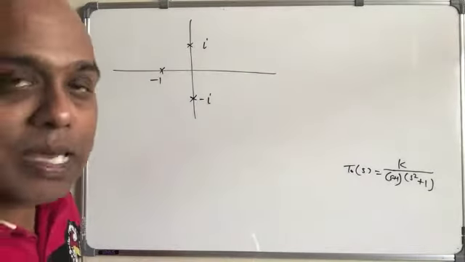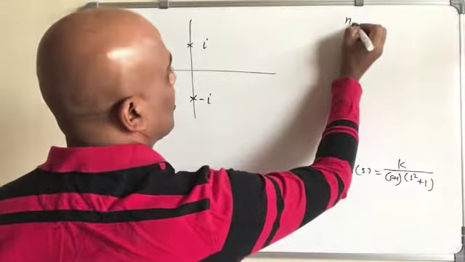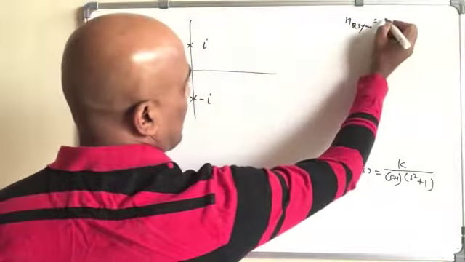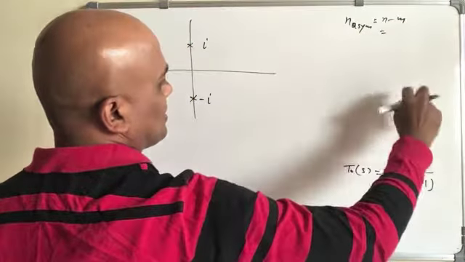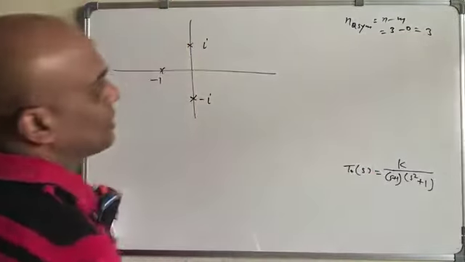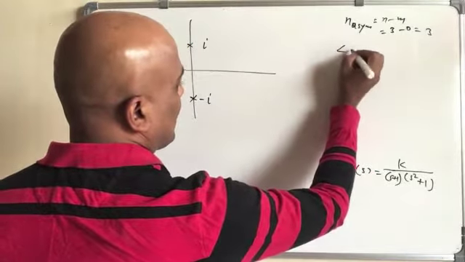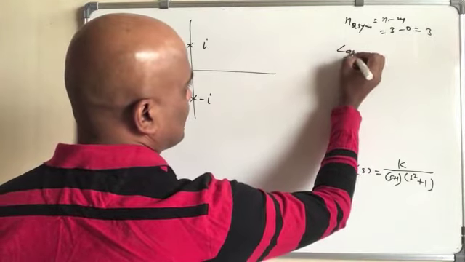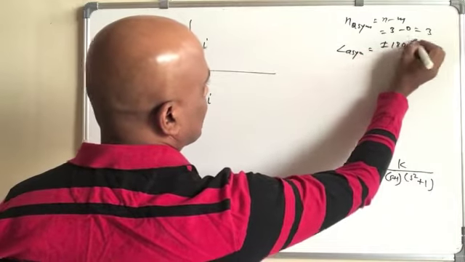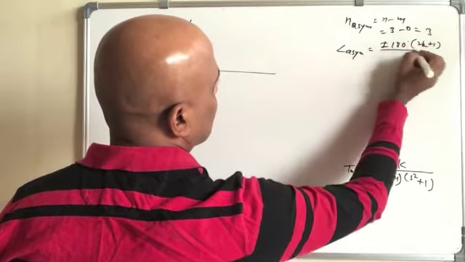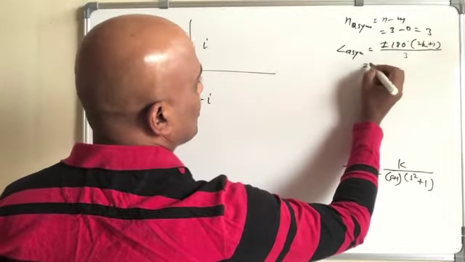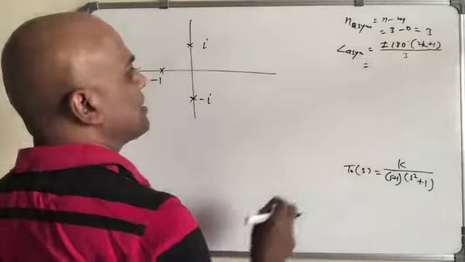Now, number of asymptotes equal to n minus m, and n is 3, m equal to 0, so equal to 3. Angle of asymptote equal to plus minus 180 degree, 2k plus 1, divided by n minus m, which is 3.